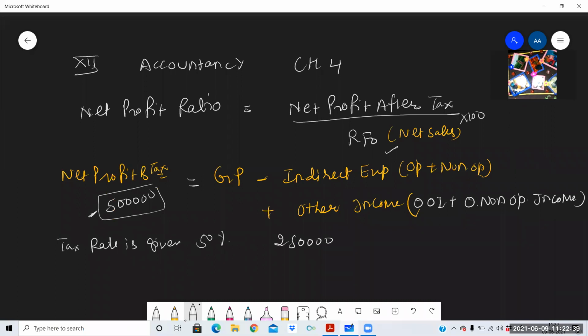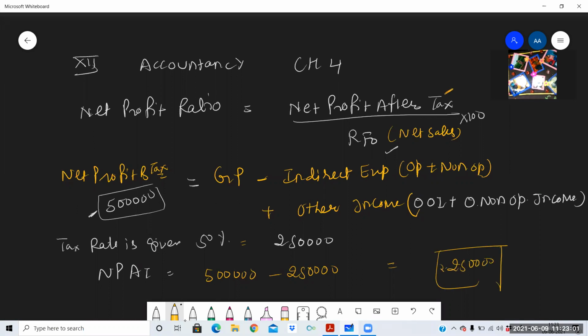In the next step, step 2, we need to calculate net profit after tax. So 5 lakh is the net profit before tax, and 2,50,000 is the tax. So net profit after tax will be rupees 2,50,000, and we need to consider this here, not the 5 lakh.